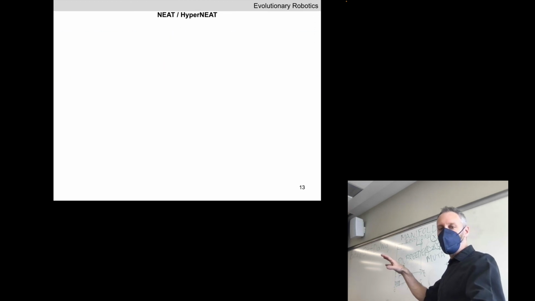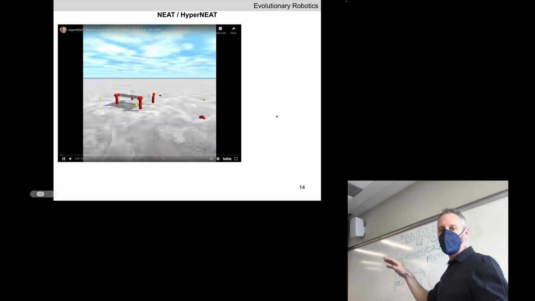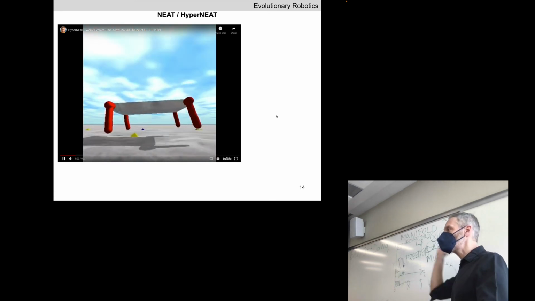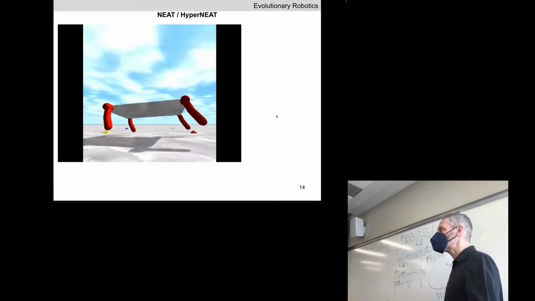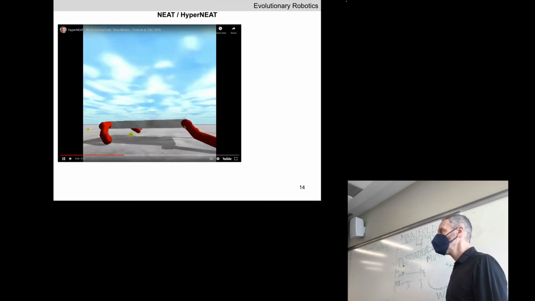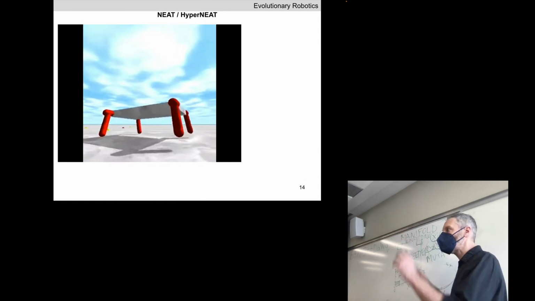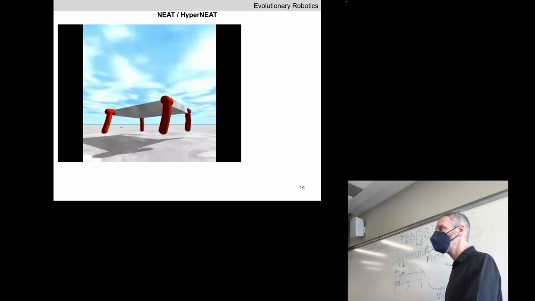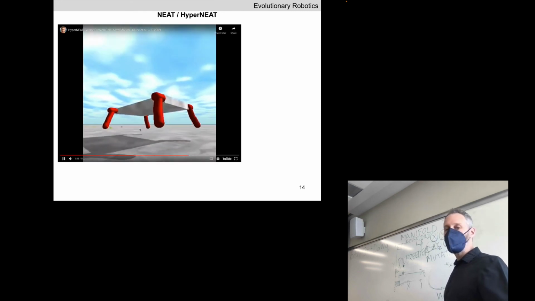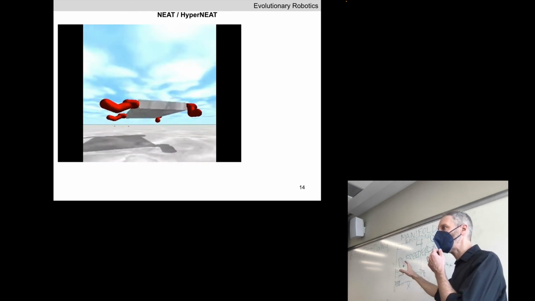Let's go back to the pronking gait. Here's one of the gaits produced by HyperNEAT. Imagine a mutation comes in and makes a change to lots of synapses that affect all the legs. But remember that mutations in HyperNEAT tend to restrict themselves to regular motion. So that big change is unlikely to cause one of the legs to start moving in antiphase to the others.